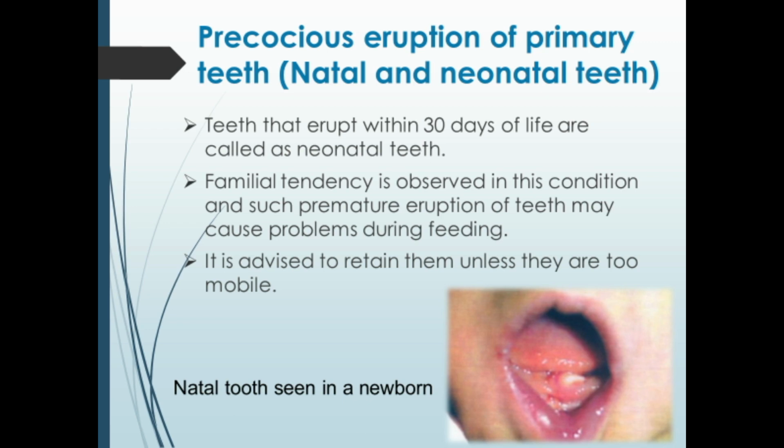Teeth that erupt within 30 days of life are called neonatal teeth. Familial tendency is observed in this condition, and such premature eruption of teeth may cause problems during feeding. It is advised to retain them unless they are too mobile.